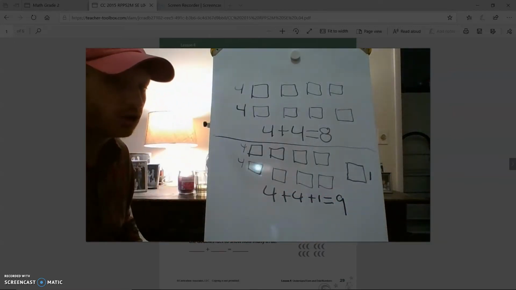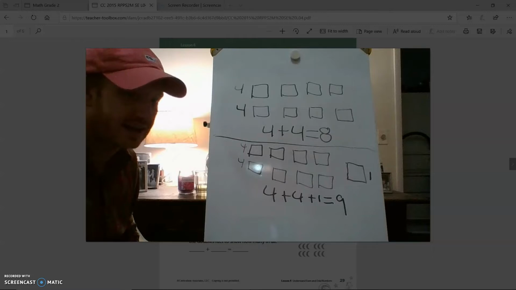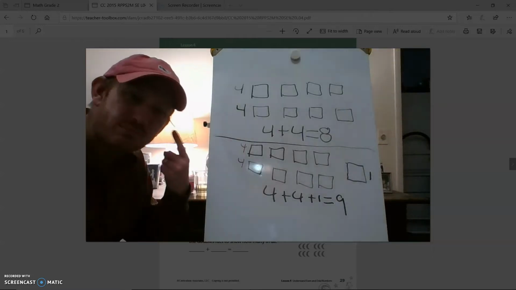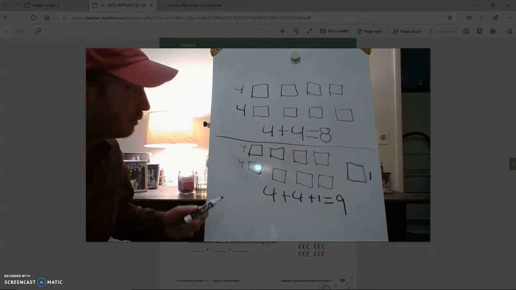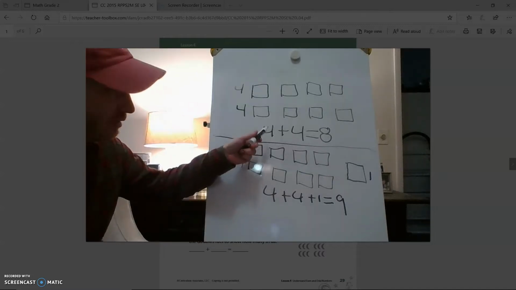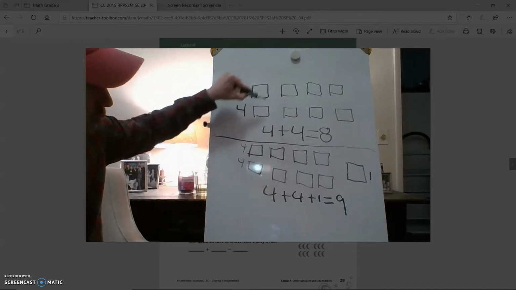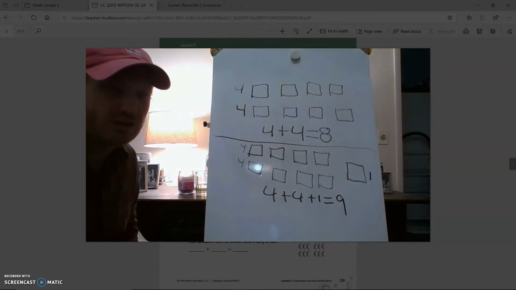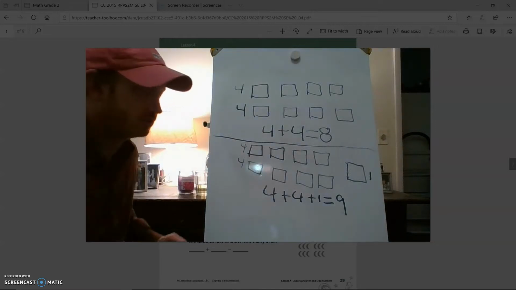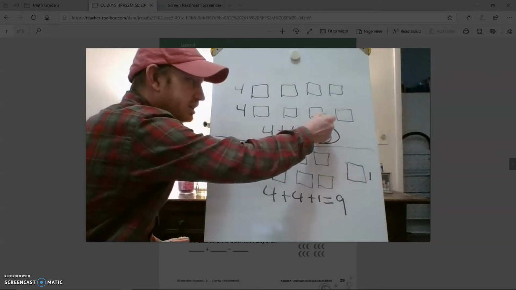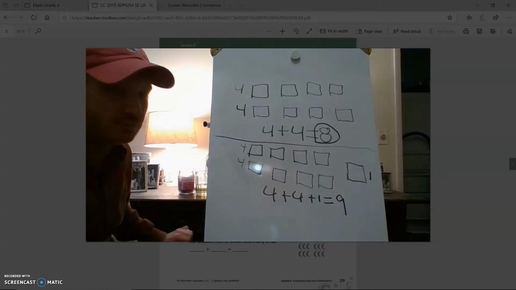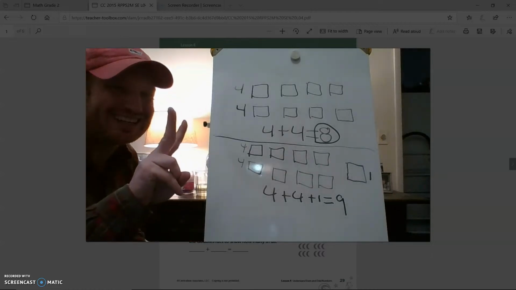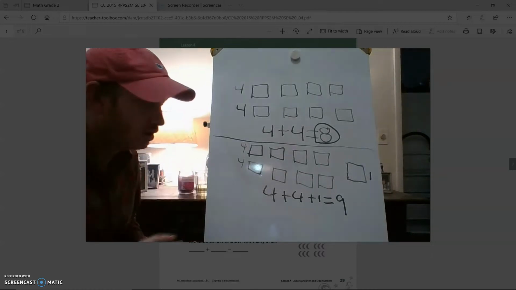Now, something we're not going to go into super detail about today, but I want you to keep in your brain, because I think it's going to come up later, is that when you write a doubles fact, like 4 plus 4, the number is always going to be even, because even means that you can put things into two equal groups.